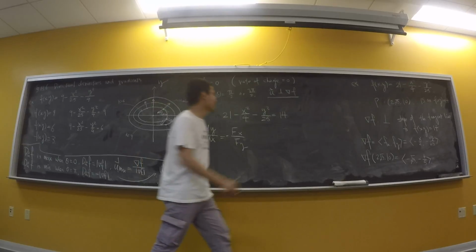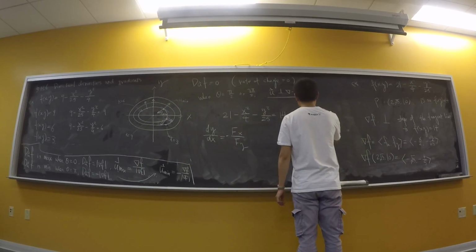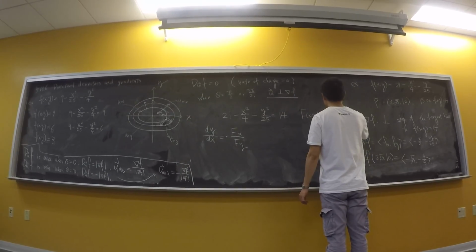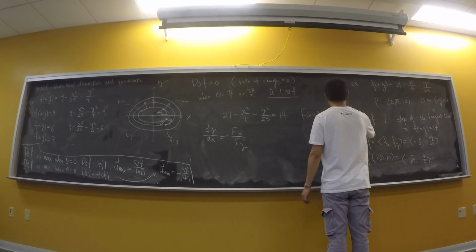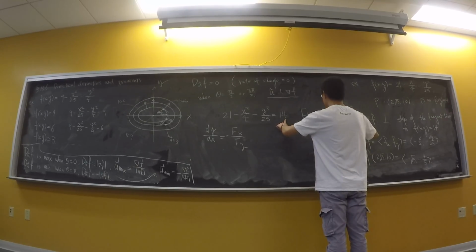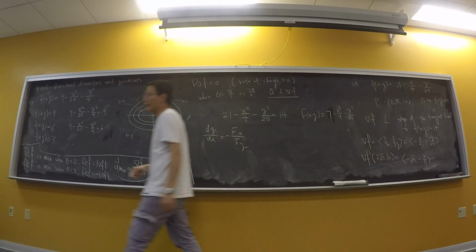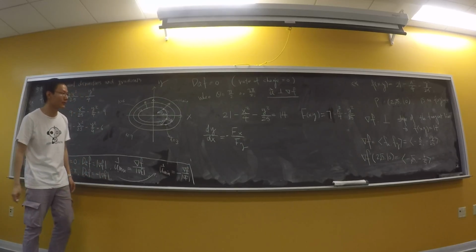According to this, my f(x,y) can be equal to, say, 21 minus x squared divided by 4 minus y squared divided by 25 minus 14, so it's going to be 7 minus this whole thing. Right? So I can make my f(x,y) equal to this function.